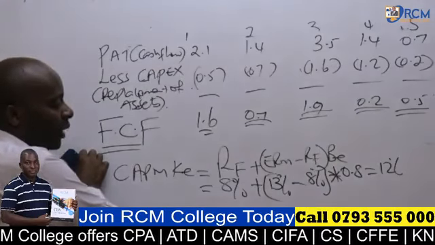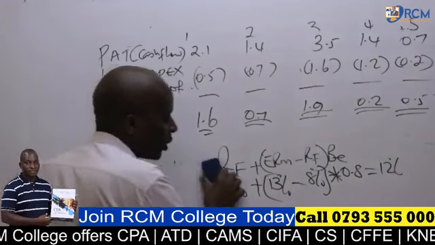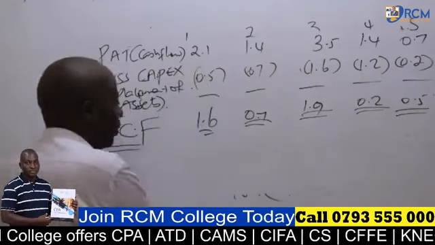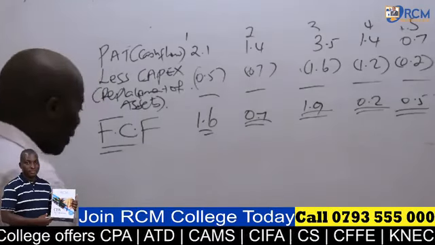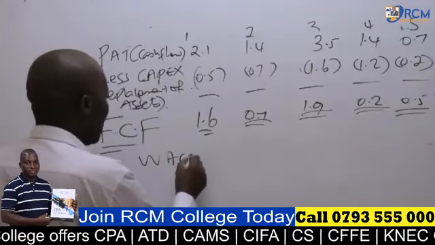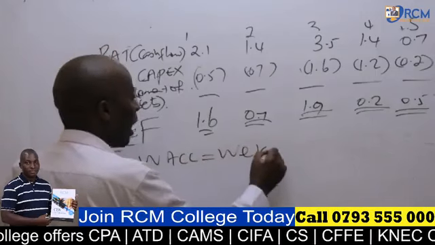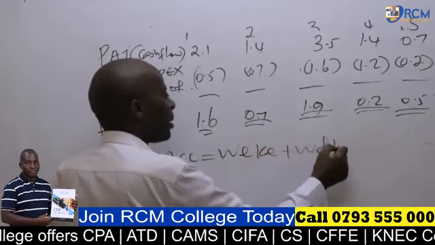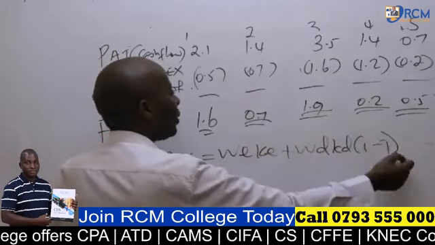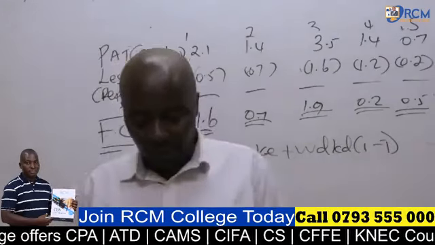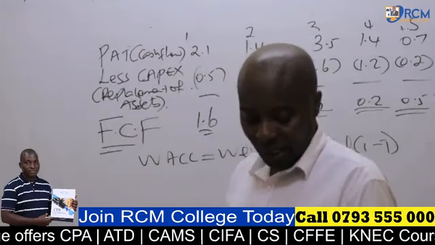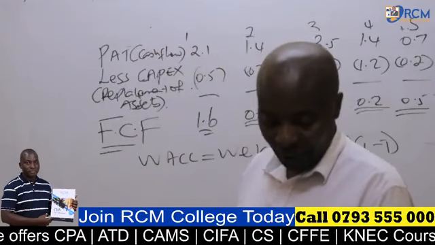So how do I get WACC? That is the most simple thing that we can talk about on earth. To get WACC, we normally talk of weight of debt times cost of debt into 1 minus tax. And then, ladies and gentlemen, remember the weights have been given.